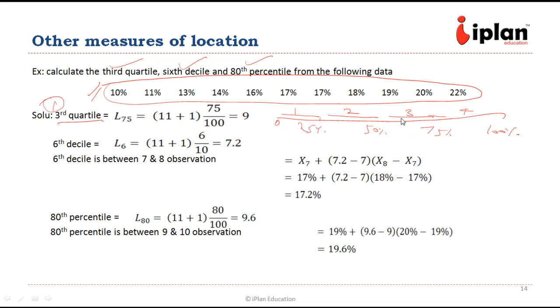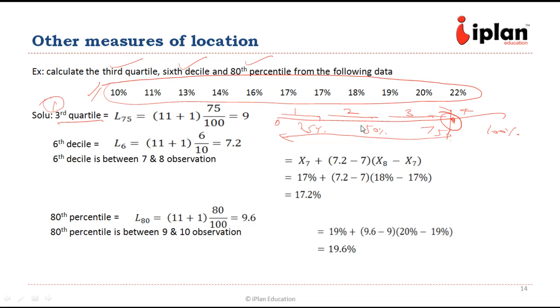So if this is the complete data 0 to 100%, we need to find out 3rd quartile. So this is 1st, 2nd, 3rd. So this is 75%. So what is this number here below which 3/4 of the total values lie?